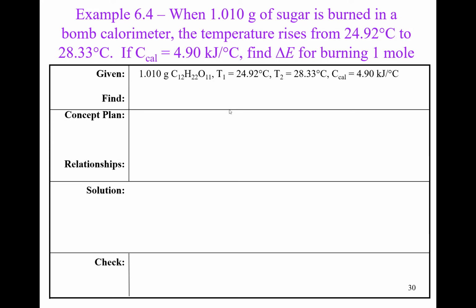All right, here's all the data and info they gave us. We want to find the heat on a per mole basis. Everything in the chemistry world is reported via per moles. We know that the heat that came off the calorimeter is directly related to the heat from the chemical reaction.